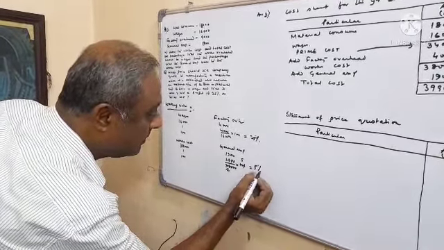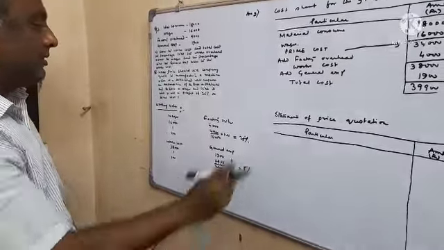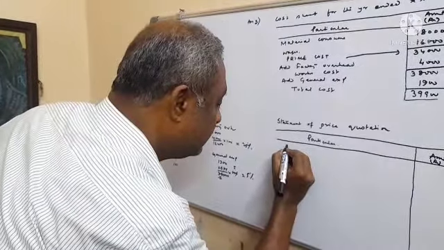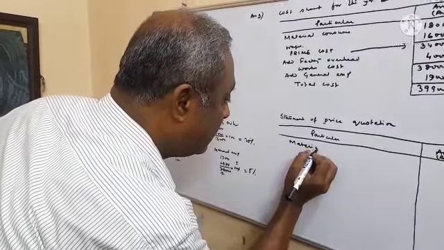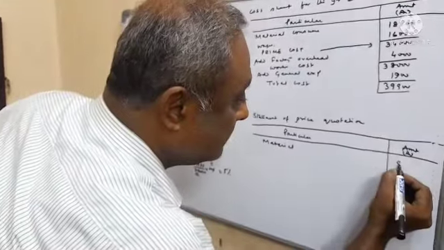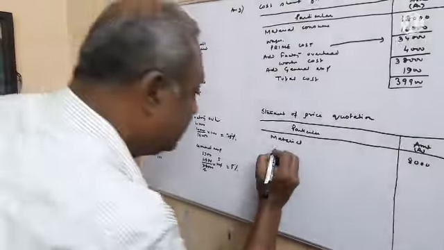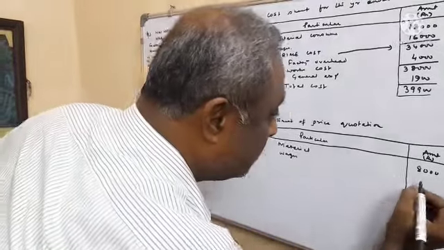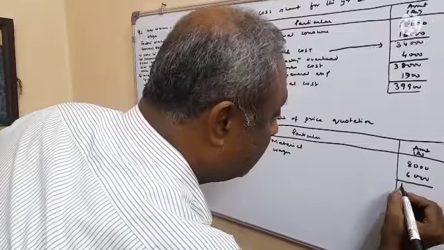Now we have to find out the price quotation. For price quotation, material given 8,000. Wages given 6,000. So prime cost will be 14,000.